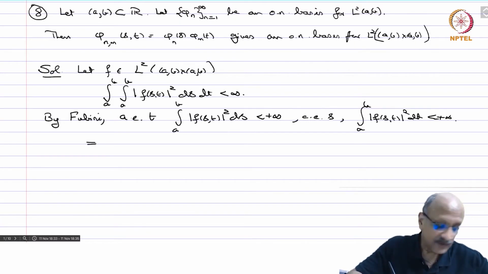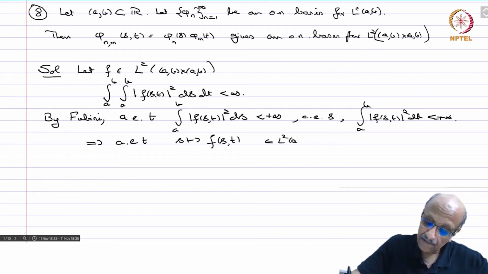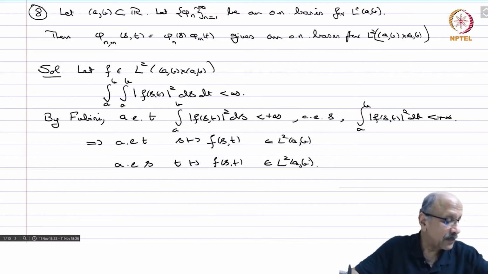So this implies that for almost every t, s going to f(s,t) belongs to L2 of AB, and similarly for almost every s, t going to f(s,t) belongs to L2 of AB. So this is just a direct application of Fubini's theorem.